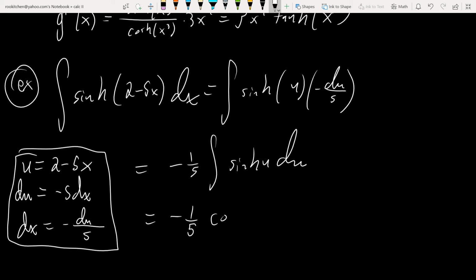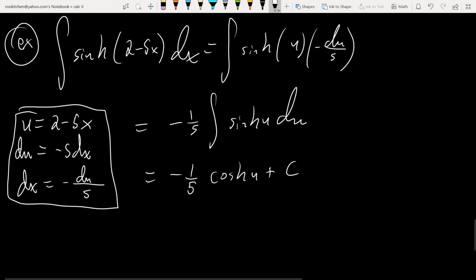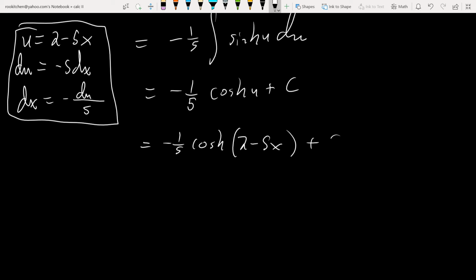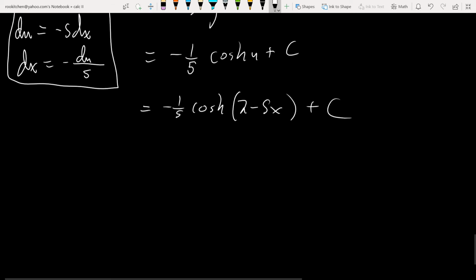That's just cosh u plus c. And then back sub. So negative 1/5 cosh of 2 minus 5x plus c. Great.